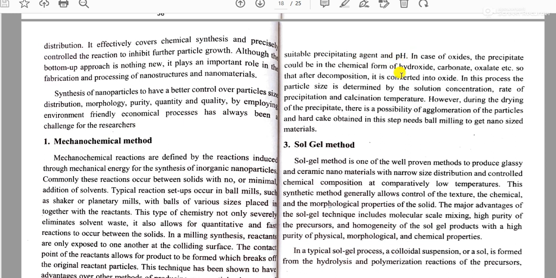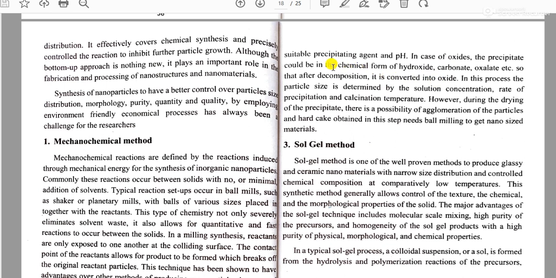So in case of oxides, the precipitate could be in the chemical form of hydroxide, carbonate, oxalate, etc., so that after decomposition it is converted into oxide. So the precipitate we are obtaining is a hydroxide, or we can obtain a carbonate or an oxalate precipitate. So what we do is we decompose it, that is we heat it, or through some other technique we convert it into the oxide form.